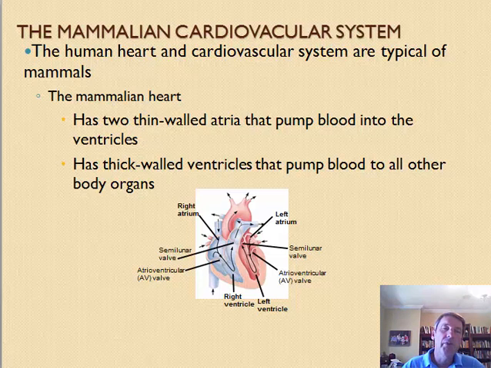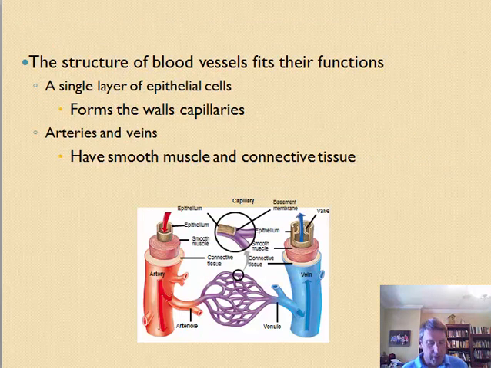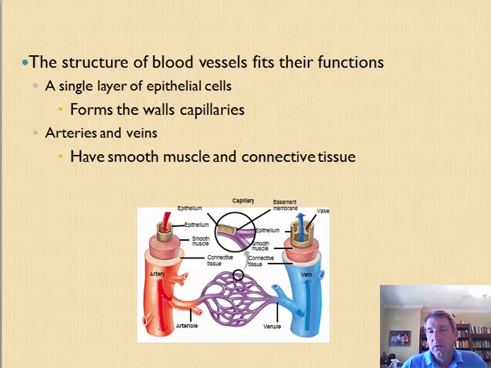Now the heart pumps the blood, and it pumps the blood through a series of vessels. There are really 5 different types of vessels in our circulatory system, and they're grouped based on their size. So we have some large vessels, medium-sized, and small vessels.